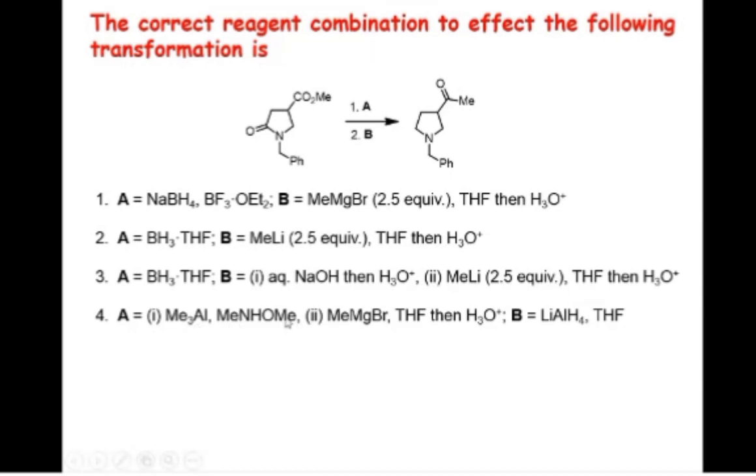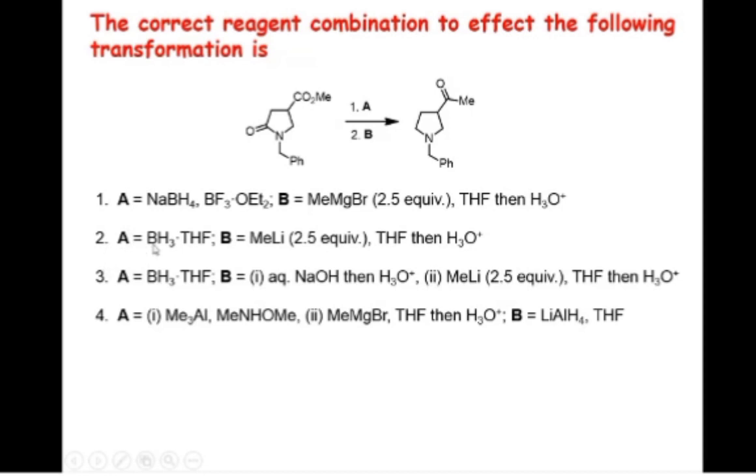This first step means reaction of this ester group with MeNH-OMe, forming some amide type, and then reaction with methyl magnesium bromide. We will have the respective amide and then reduction with lithium aluminum hydride. And we know very well lithium aluminum hydride reduces amides on both sides, which never gives this particular ketone.